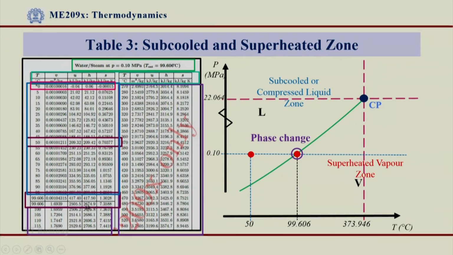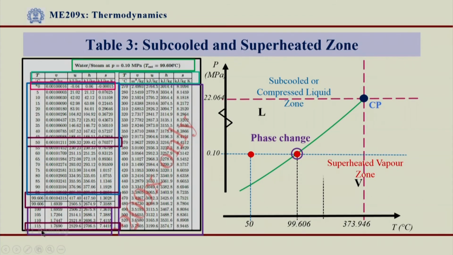And one more thing: the difference between these two will be the hfg, sfg, delta U or delta V, that is vfg and ufg, whatever you call it. So, these are the properties of saturated liquid and these are the properties of dry saturated vapor. I get all the f and g points from this, and this Tsat value is also shown over here. Why did we encounter these values? Basically because this pressure is less than the critical pressure, and we started from 0 degree centigrade onwards and went on increasing the temperatures.